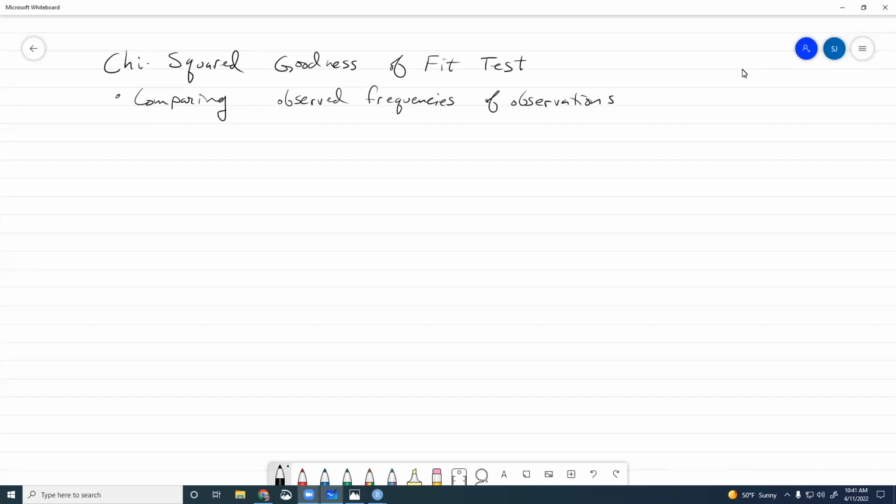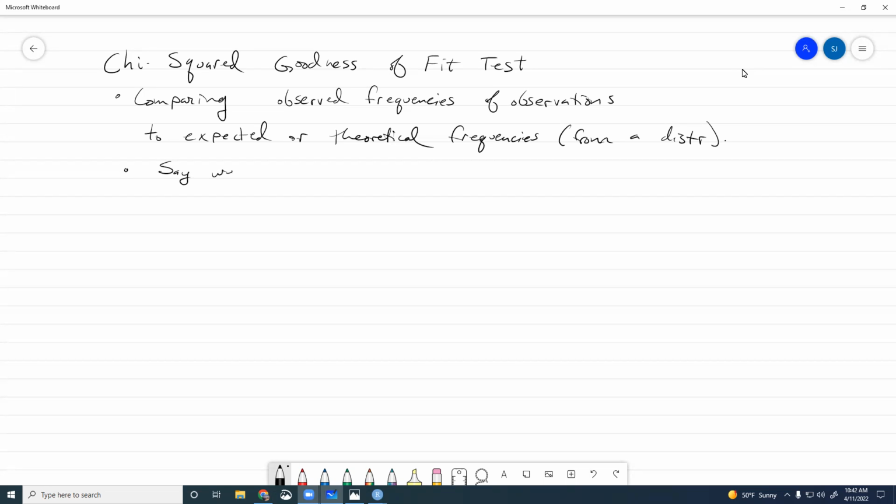The observed frequencies to expected or theoretical frequencies from a particular distribution. And this can be any distribution. We'll start with the normal, but in the data analysis project, you guys will actually look at different distributions.